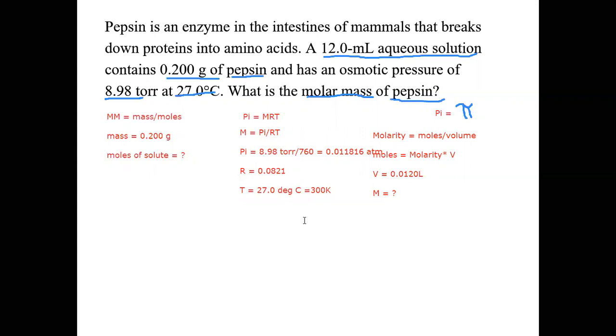Now we have the osmotic pressure, the R, and the T, so we can calculate the molarity. Molarity equals osmotic pressure divided by R times T.